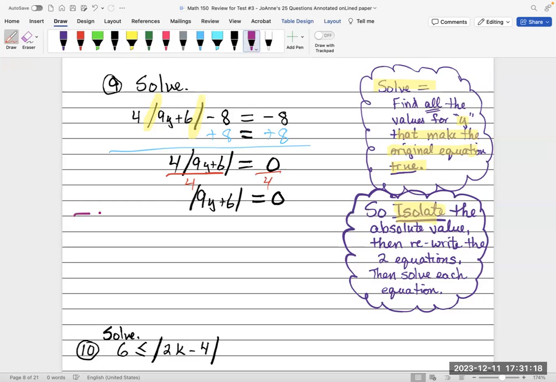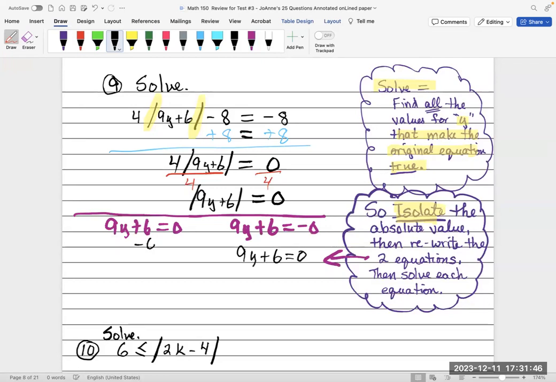So now here where I break it into 2 equations, I would have 9y plus 6 equals positive 0, and 9y plus 6 equals negative 0, but there's no such thing as positive or negative 0. So I really don't have to work with this because it's the same equation as 9y plus 6 equals 0.